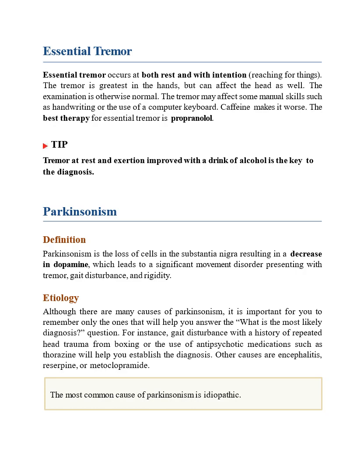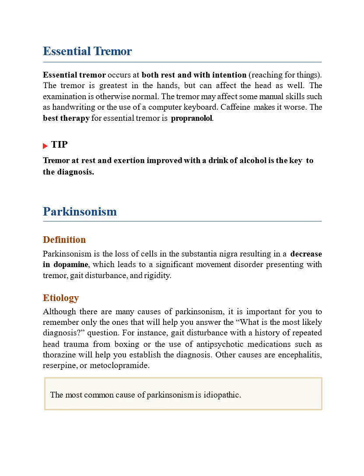Let's discuss Parkinson. By definition, Parkinson is a loss of cells in the substantia nigra which decreases the dopamine, which leads to significant movement disorder presenting with tremor, gait disturbance, and rigidity.